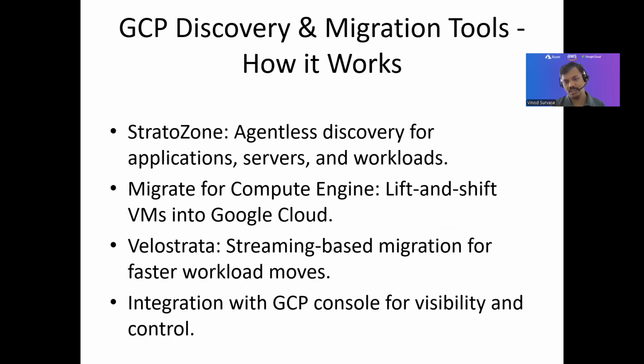Velostrata is a streaming-based migration for faster workload moves. That's going to help us in that scenario. And we also have integrations with the GCP console for visibility and controls. That can also be one area that we can bring on, and it is going to provide the complete visibility over there, right?